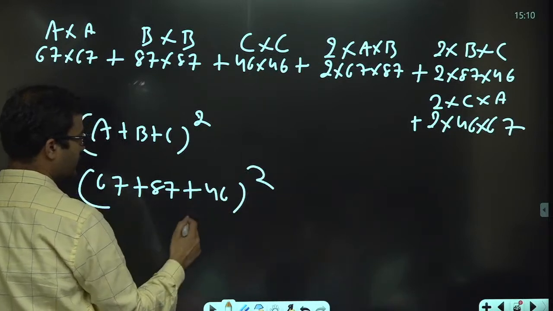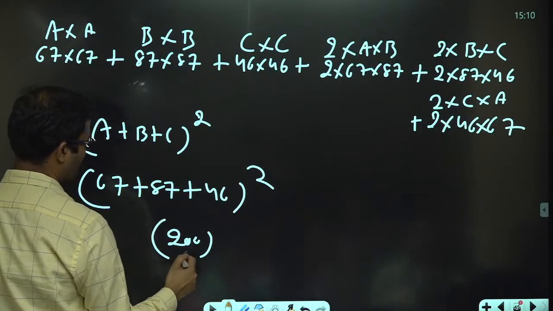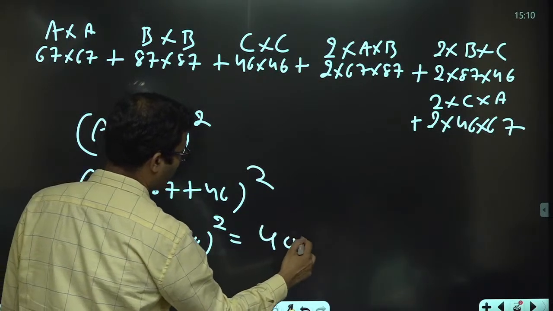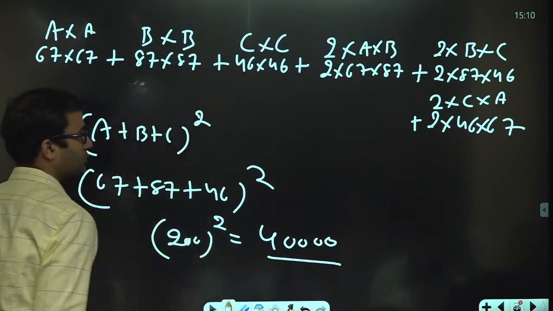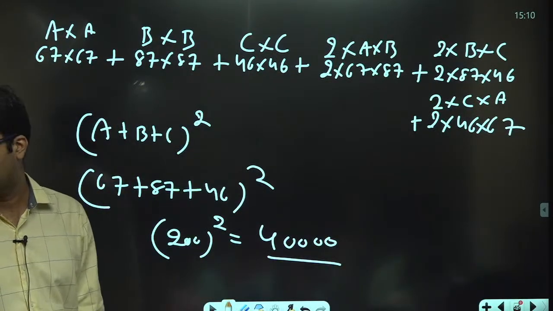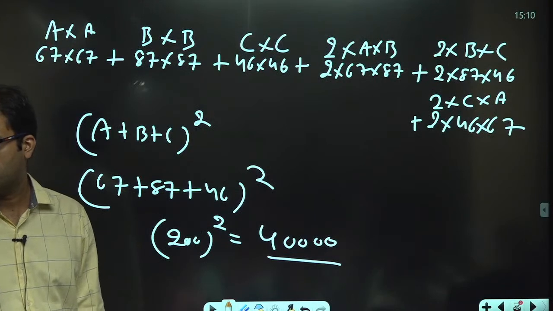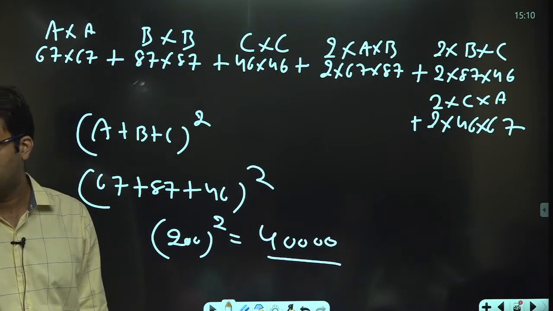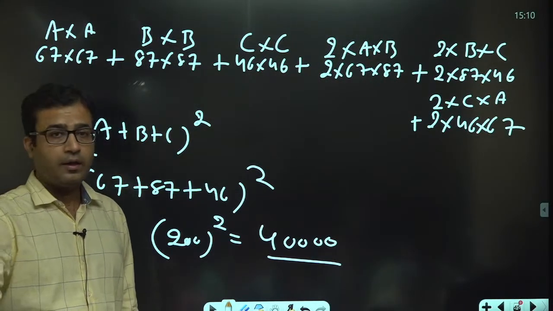I think it is coming 200. 200 square is 40,000. Okay.